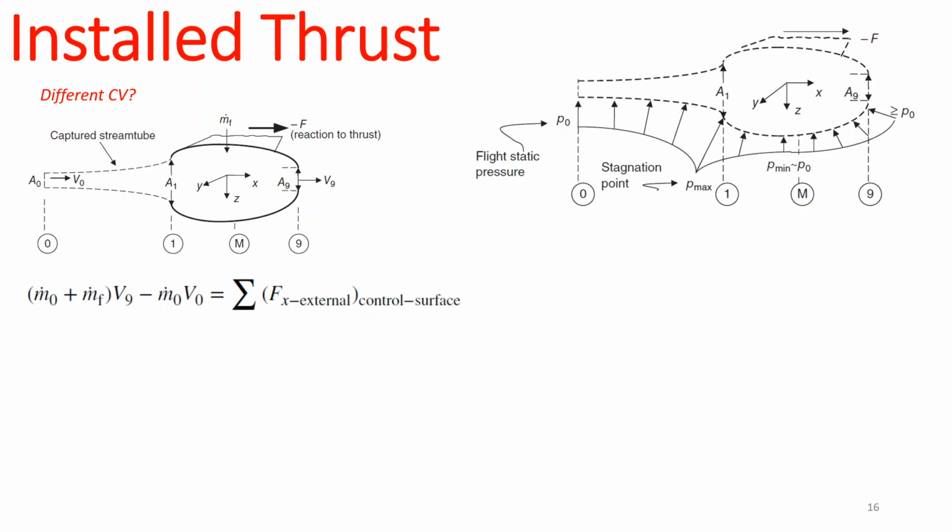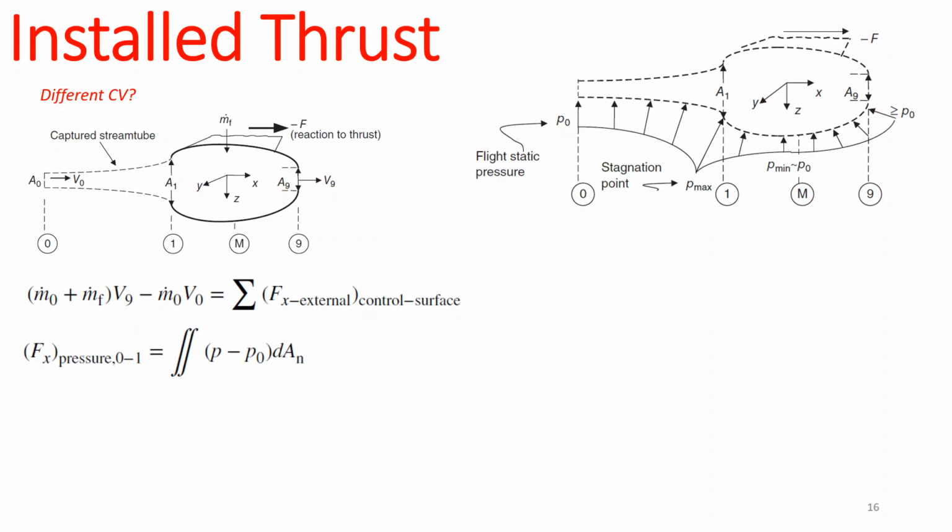And if you recall, the flow rate inside and outside of the stream tube is 0, right? So the only place where the flow is coming in and going out is the inlet and the outlet. That's it. But the right-hand side of the equation is going to be a little more complicated, because we have changed the control volume.